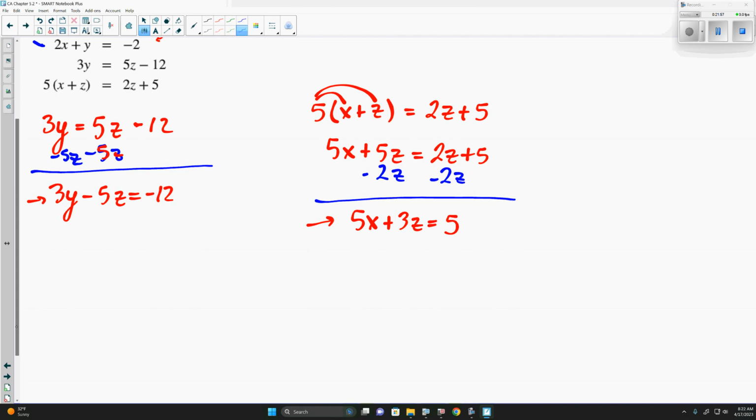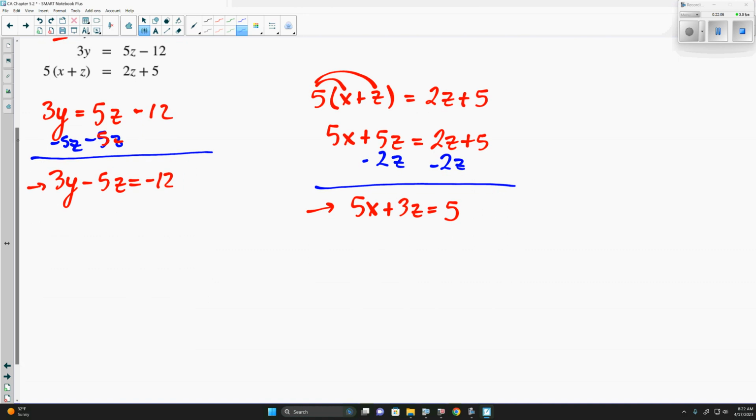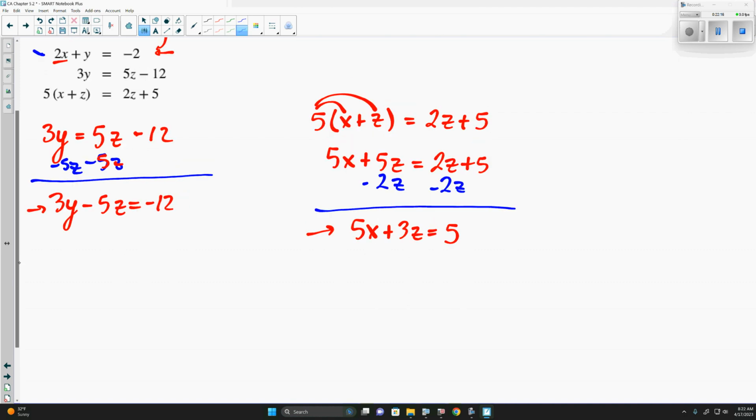Because if we take the top one and want to eliminate x out, we can do that. So for this here, we can eliminate the x's and then have 2 equations with y and z. Or we can eliminate the y's out, the 2 equations that have y, and have terms of x and z, or one or the other.